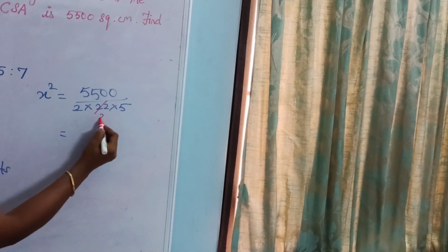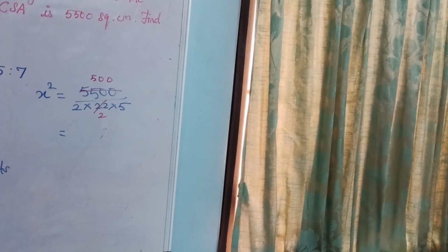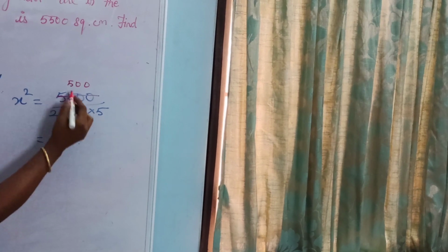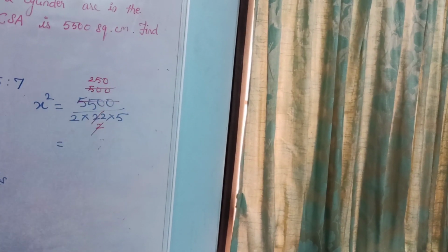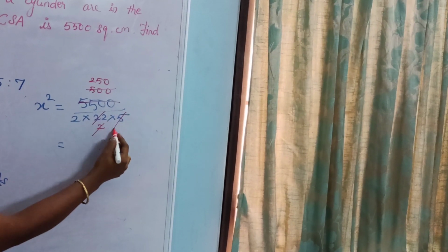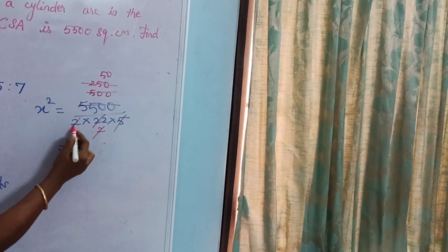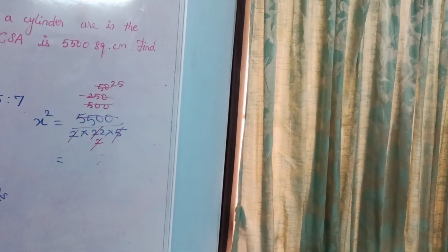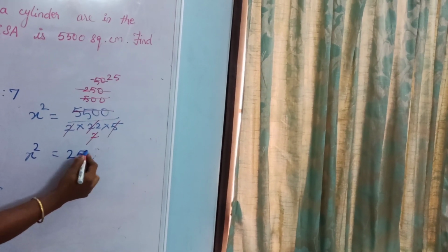So 11 2s are 22, 11 5s are 55. So next we can cancel this by again 2. So this is 2 2s are 4, 2 5s are 10. Again we can cancel this using 5. So we have 50. Again we can cancel this by 2, it is 25. So now we have got x squared equal to 25.